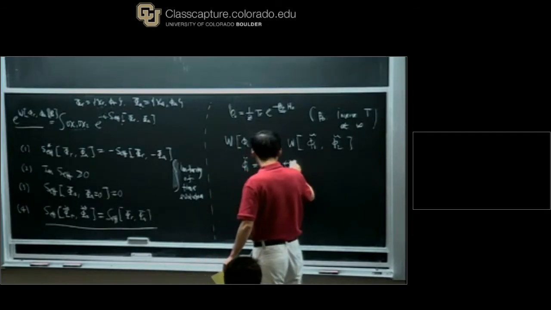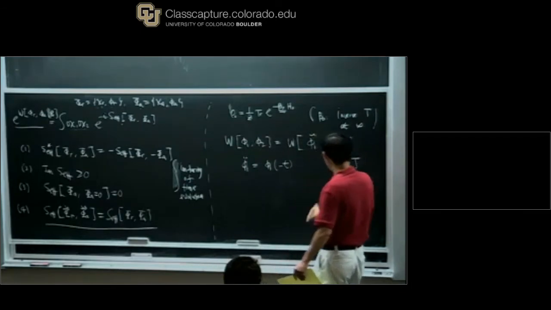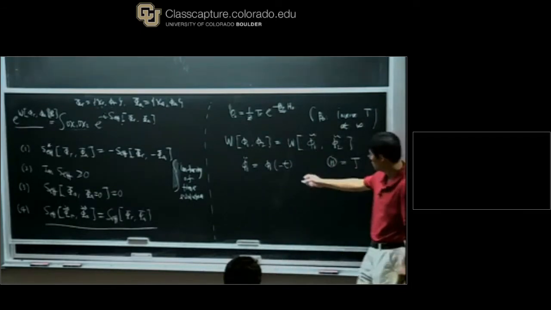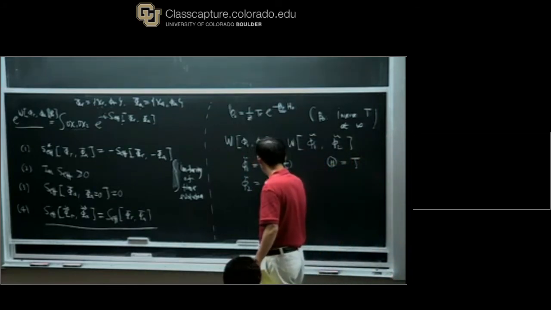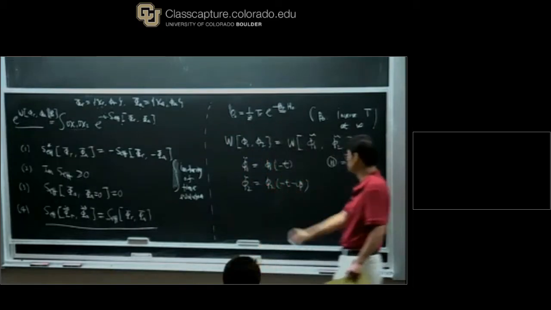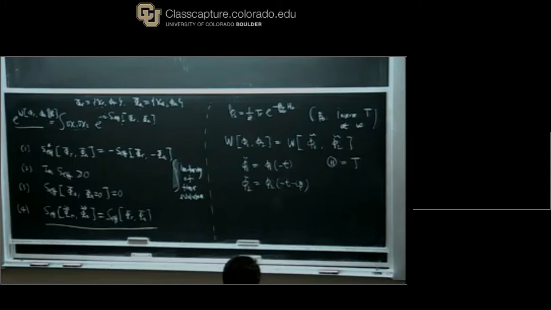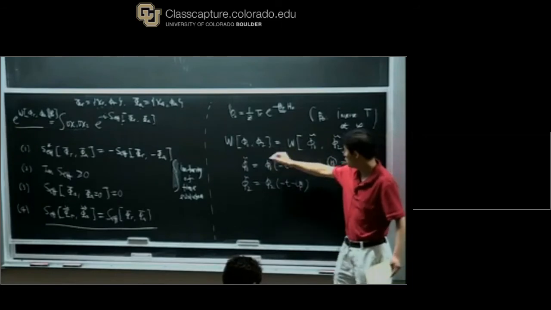Suppose this discrete transformation is just time reversal, then phi 2 tilde will be phi 2 at minus t minus i beta. And so your generating functional should satisfy this condition.